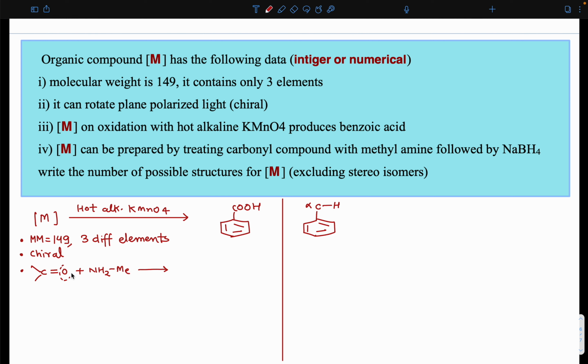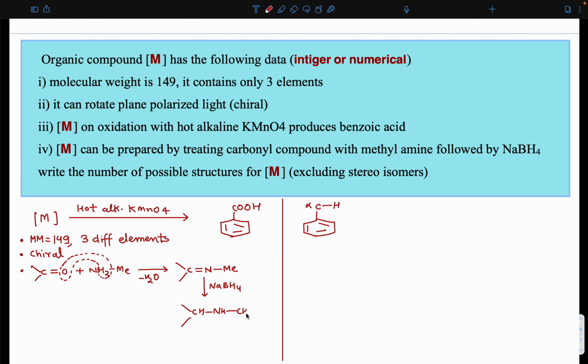If I directly solve this, simply remove the H2O molecule from these two reactants, and we get the addition product, the N-methyl imine. On reduction with NaBH4 we get an N-methyl amine.